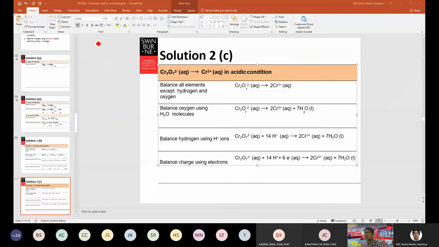Here, the chromium is positive 6. I'm actually writing on it, but I don't know if it is a network problem or why it is not showing. Okay, let me try here again.